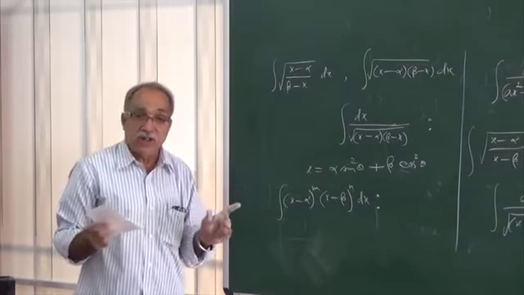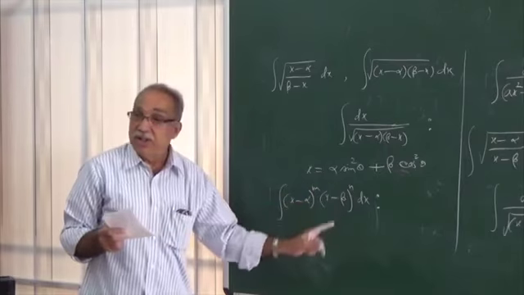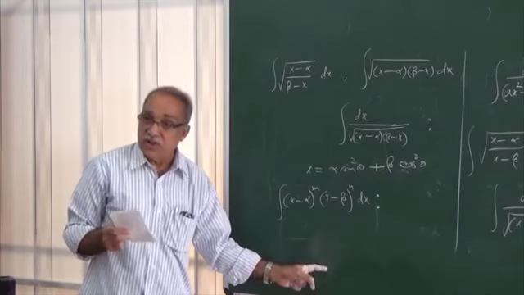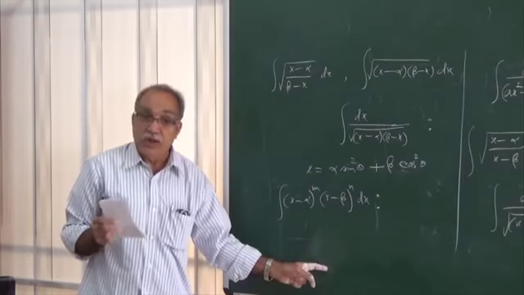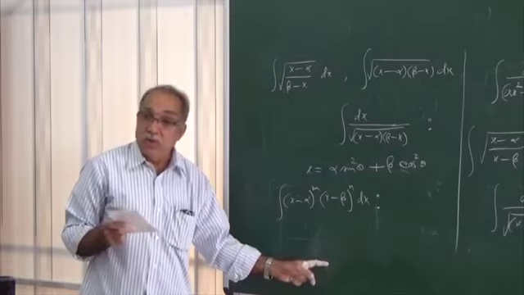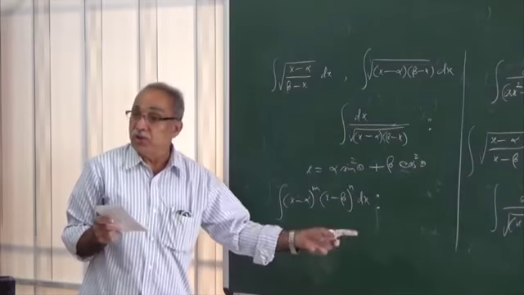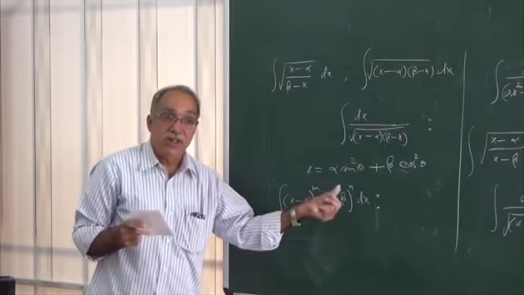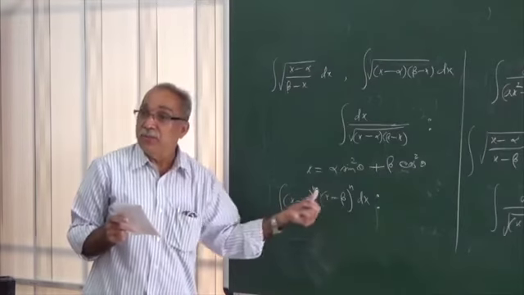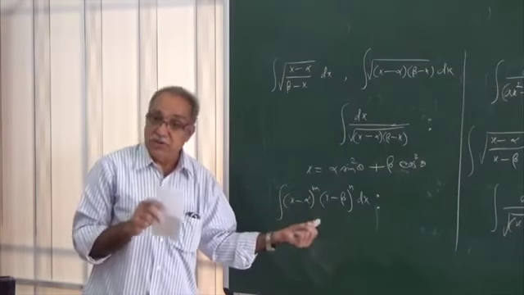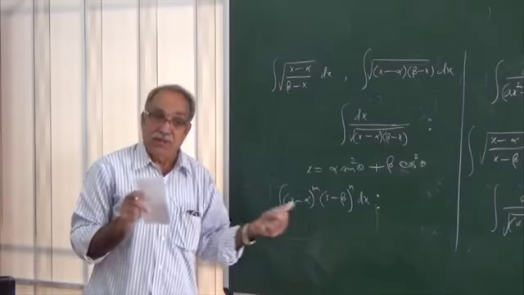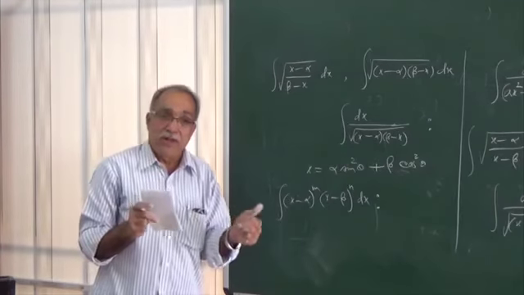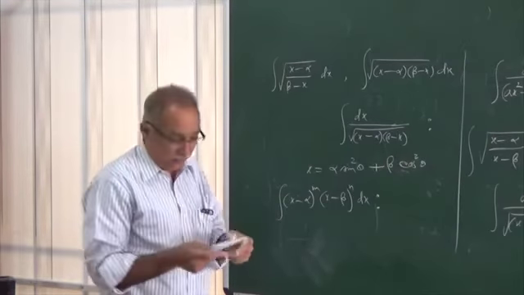For any two rational indices m and n, the method I am going to suggest now will work. One particular situation where it is most advantageous to use that substitution is when m plus n equals minus 2. It is usable even in general, but when m plus n is minus 2, it is particularly useful.